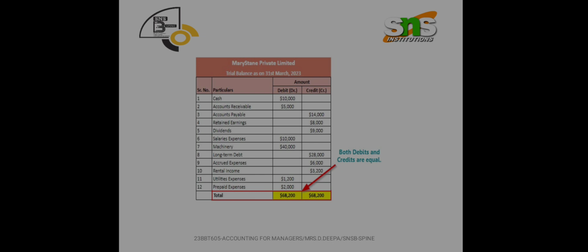The total amount is 68,200, and that should tally. Whatever is given here in debit, the same is in credit. That is the concept of the trial balance: both debit and credit should be equal. If they are not equal, you should consider the balance amount as a suspense account. So this is the concept of trial balance.